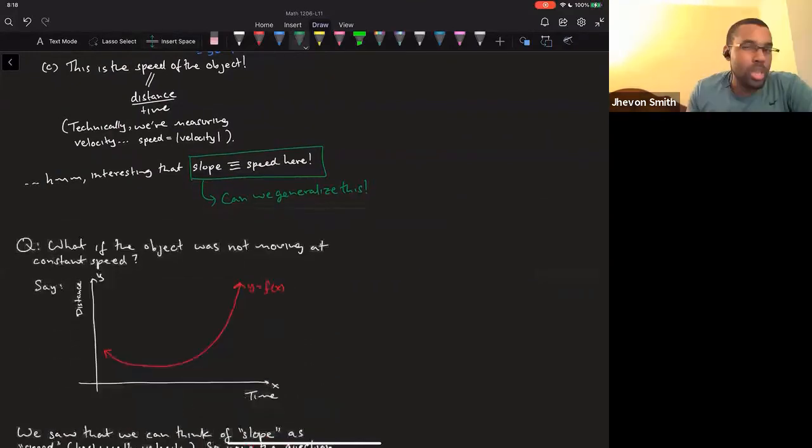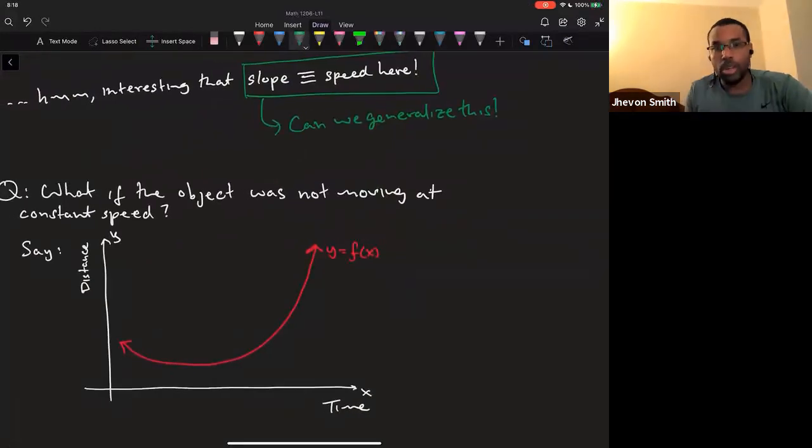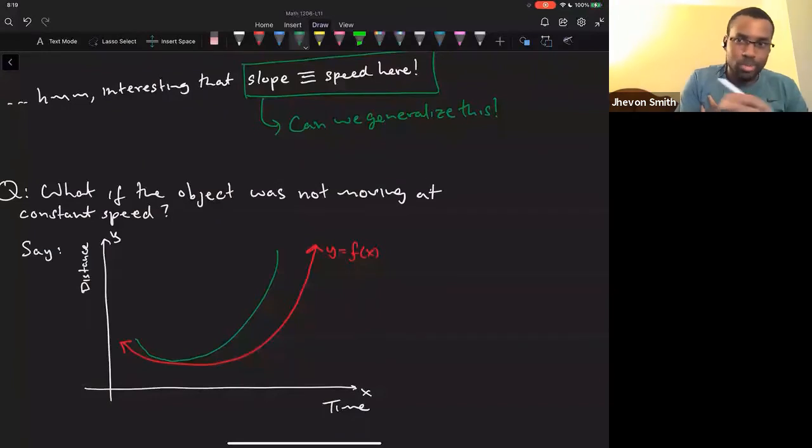What if the object was not moving at constant speed? Like it's not a straight line, it's a curve. It starts out traveling very slowly and then it speeds up, right? So that would get a graph that looks like this. In fact, this one was going a little bit faster, then slowed down, then started speeding up. This guy actually came back a little bit. He reversed a little bit and then went back. So this object is doing all sorts of crazy things, right?